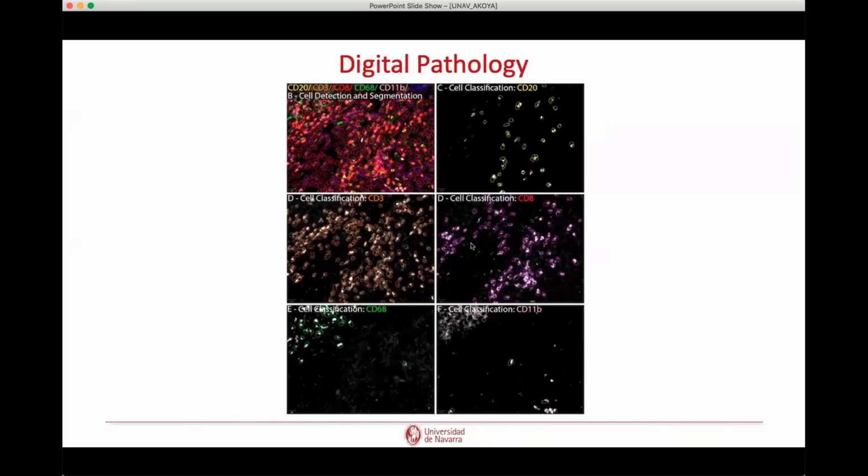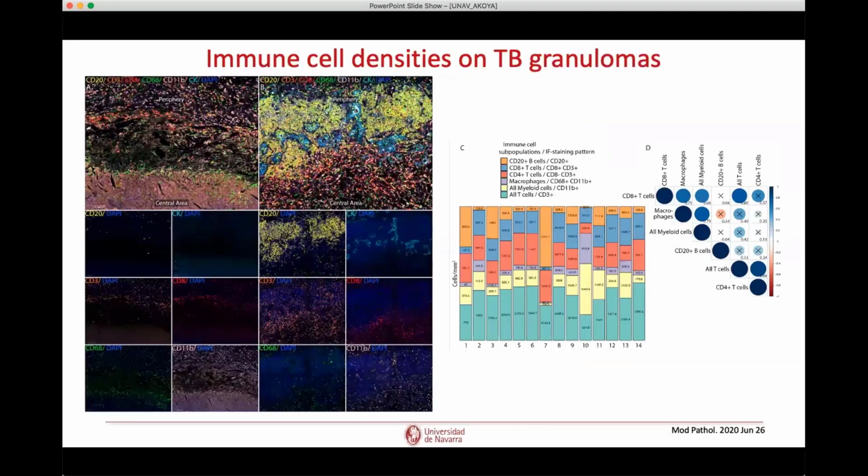And here, you can already appreciate the power of this algorithm in recognizing the phenotypes that we are interested in. Now I am showing you some of the results. Here you have two examples of granulomas, where you have the periphery, the area rich in immune cells, and the central area of necrosis.